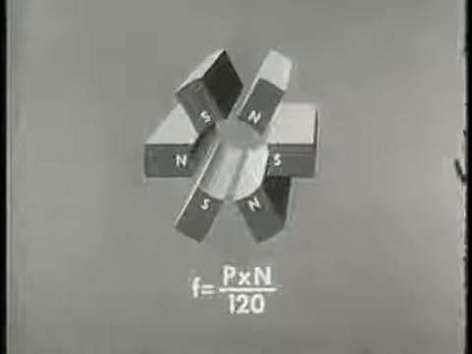The formula for frequency can be expressed as follows. F, or frequency in cycles per second, equals P, the number of poles, times N, revolutions per minute, over 120.